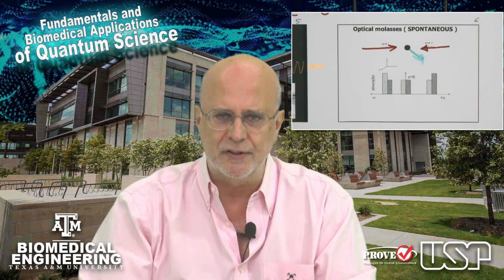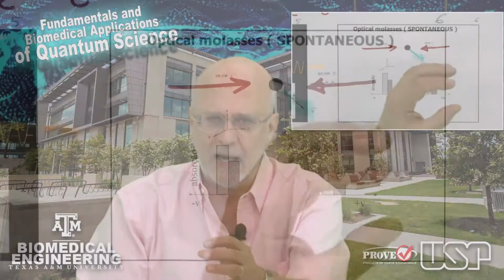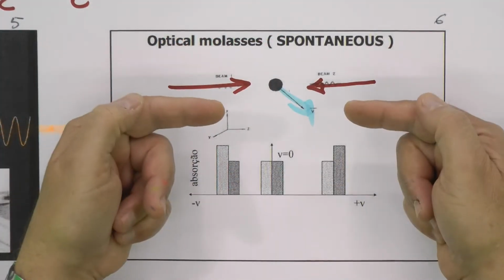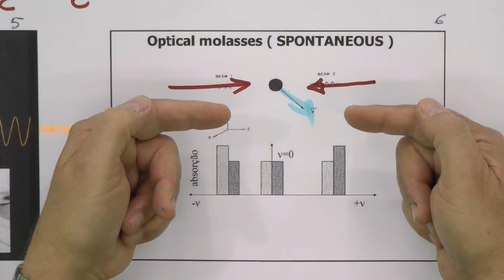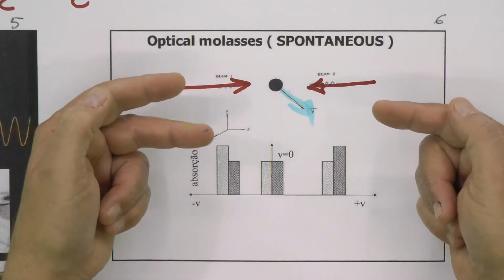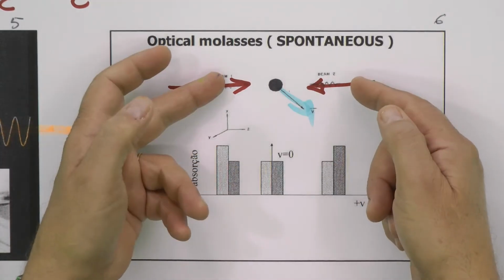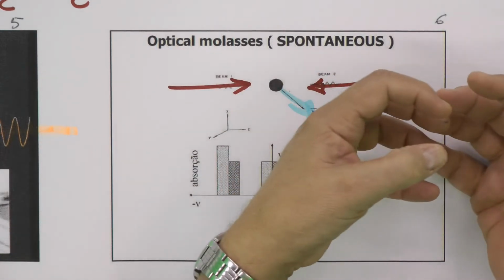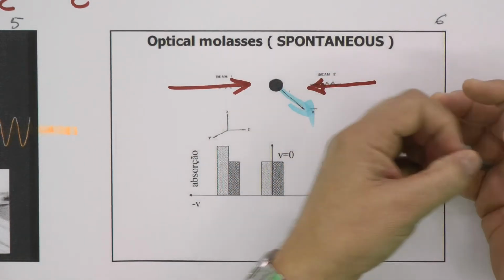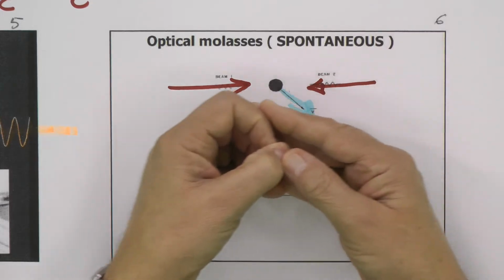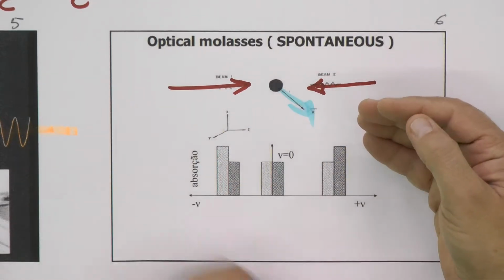So then Steven Chu said, oh, if I have an atom that's moving and I put two laser beams red shifted, this atom will be more resonant to this beam than to that. And then we will slow down until it stops and then maybe begin to move a little bit around.